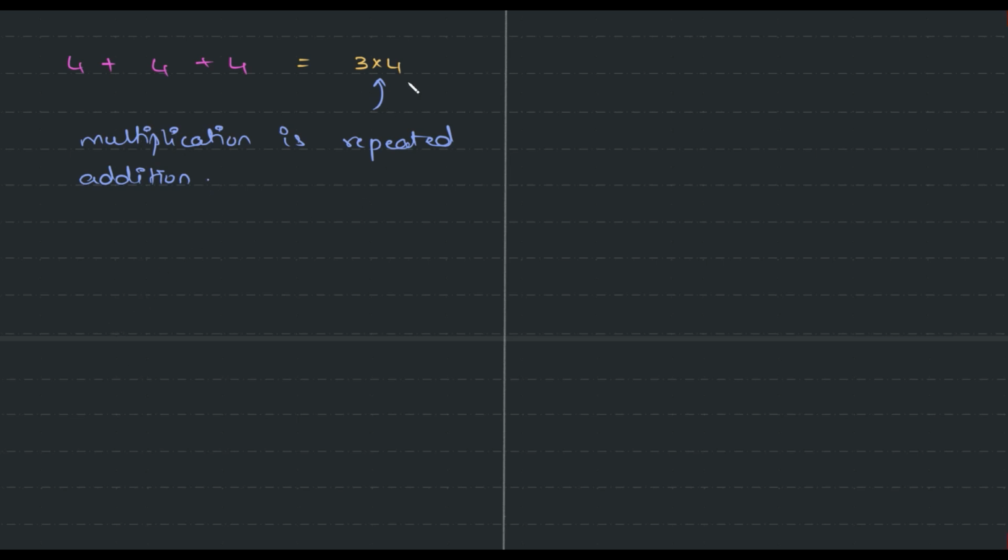You guys agree? Multiplication is repeated addition. So if someone tells 5 times of, say, 144, means what? 144 being added 5 times is one of the possibilities.